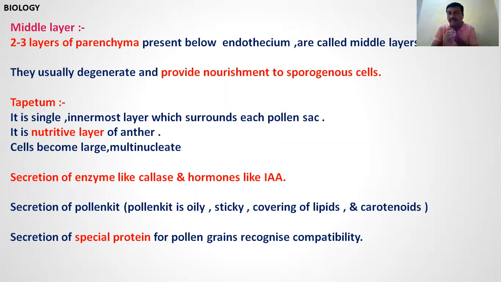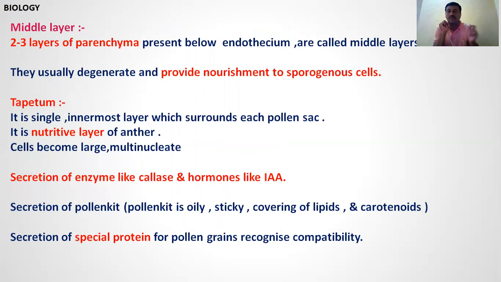And these are special cells which provide special proteins, like secretions of enzymes like callase and hormones like indole acetic acid, which are also provided to the sporogenous cells.